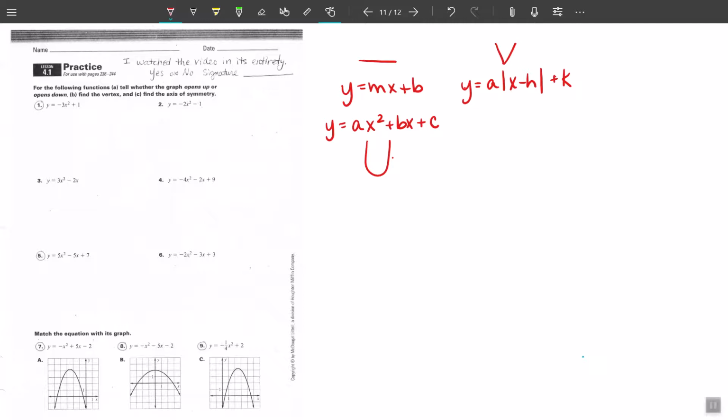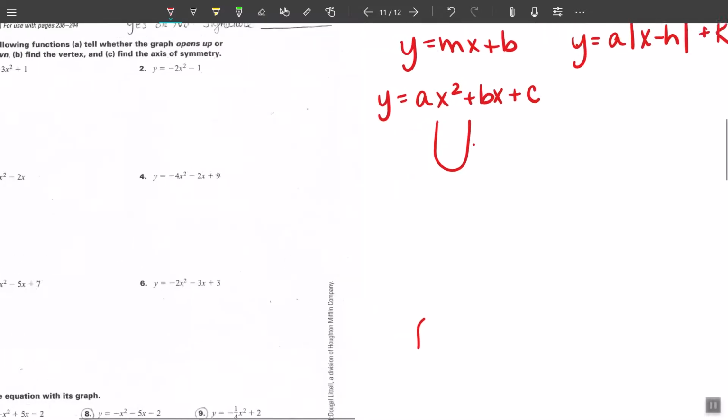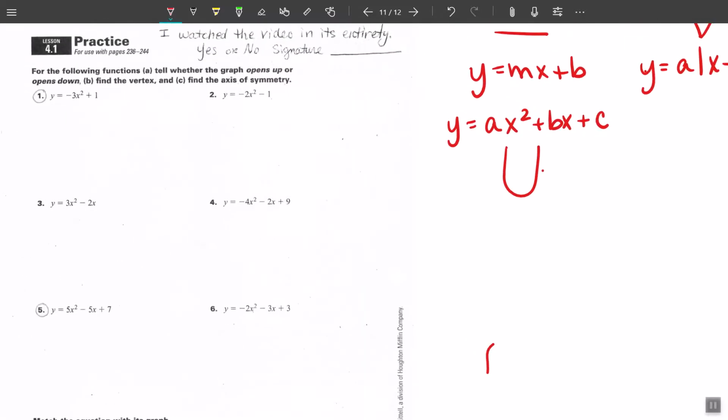It can open up and it can open down depending on the value of A as well. So if we look over at number 1, and we want to tell whether the graph opens up or opens down, just like in all of these other functions, we're going to be looking at the value of A to do that. So in the case of number 1 over here, that's the coefficient on the x squared, is your A value.